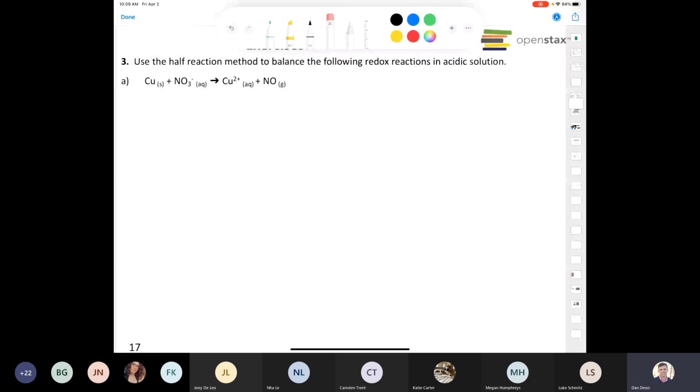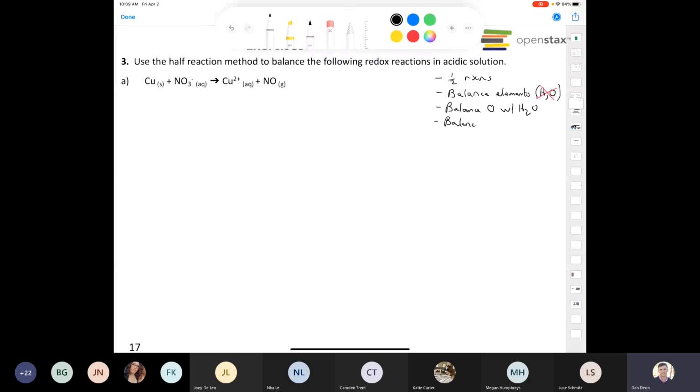Let me just go over here. I'm going to write a quick and dirty summary over here on the right-hand side of the page. So first we're going to balance the half reactions. Then we will balance elements, except for hydrogen and oxygen. We will not balance those. Then we balance oxygen with water molecules.